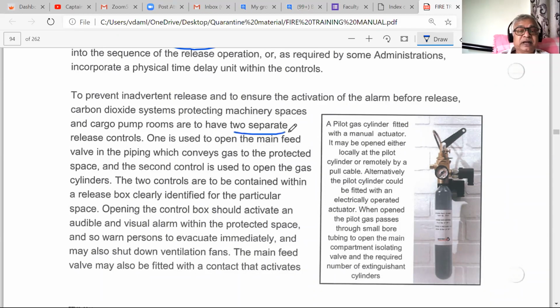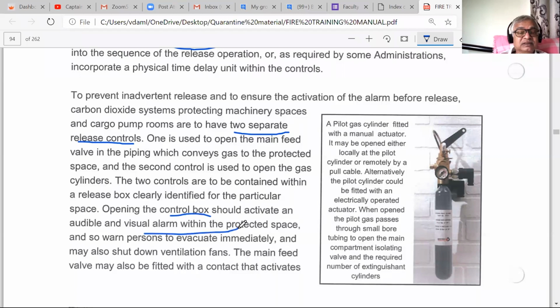There are two separate release controls. That is something like a pilot gas cylinder. It is like an actuator. The alarm starts when you open the cabinet door where the pilot gas cylinder is fitted. So you open the cabinet door, alarm starts. Then another alarm will sound when you operate this, because this is going to operate the main bank of CO2 cylinders. So this is the opening control box.